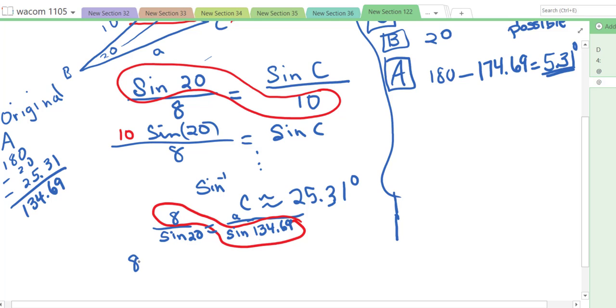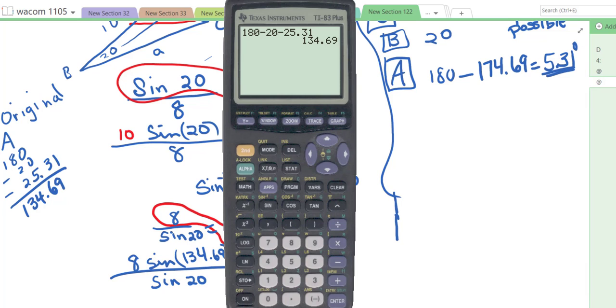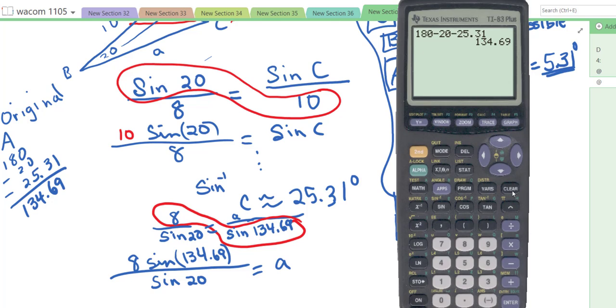So 8 times sine of 134.69 divide by sine of 20 will equal A. Put that in your calculator. 8 sine 134.69, close, divide by sine of 20, close, enter.